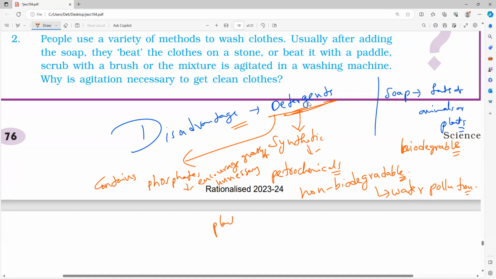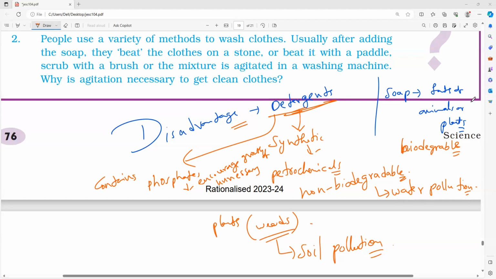Weeds. Clear, all of you? And the main thing, once they go into the soil, pollution also will take place. So these are the disadvantages of detergents over soaps. But soaps are decomposed by bacterial action, because they are saturated fats.